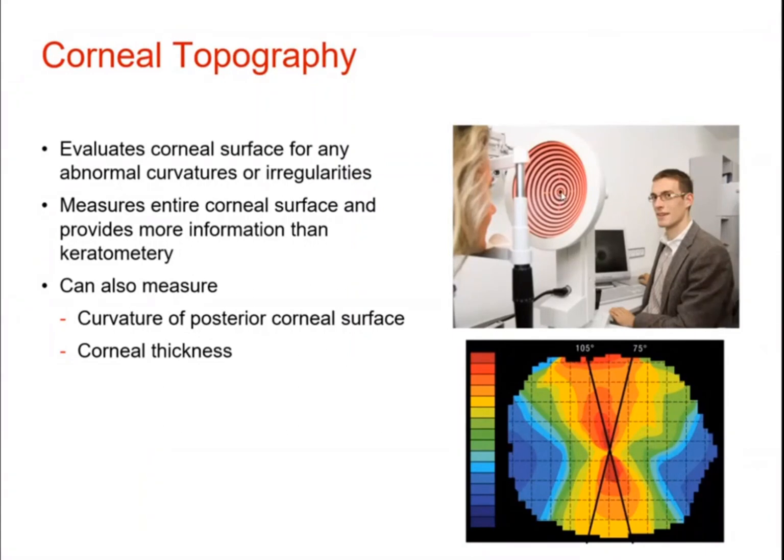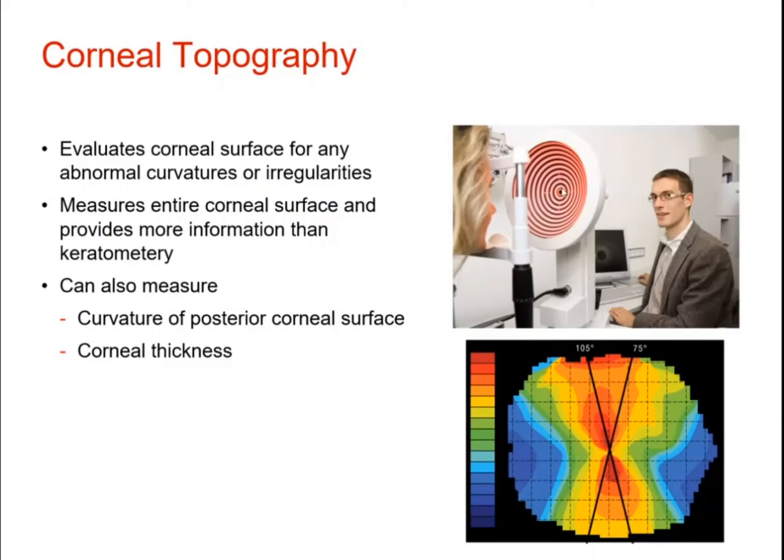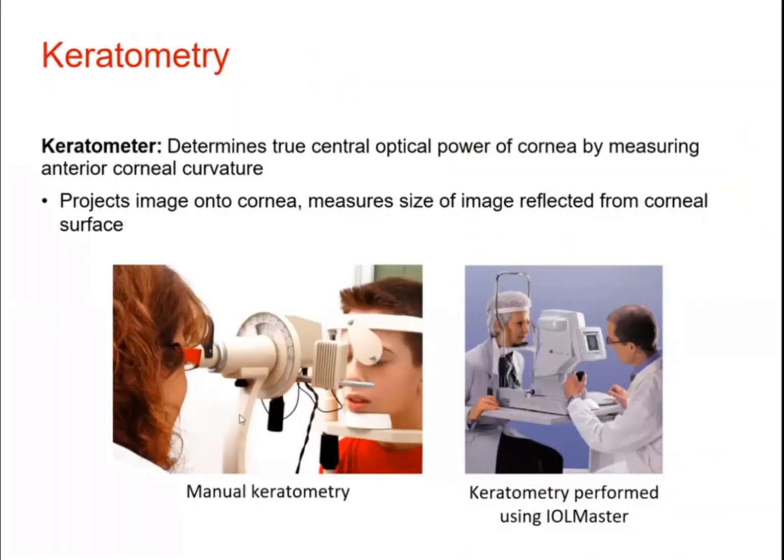At the center of this instrument, you have a camera that captures the reflection of the light from the cornea. So with that camera in place, there's no way you can measure the center of the cornea, unlike keratometers. Thank you very much, Melvin.